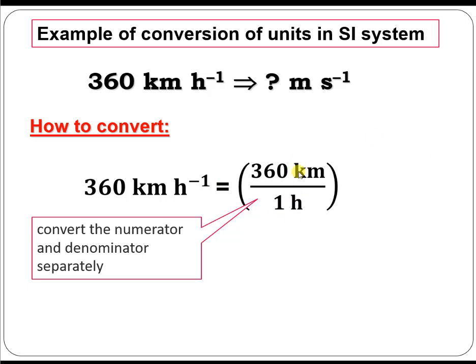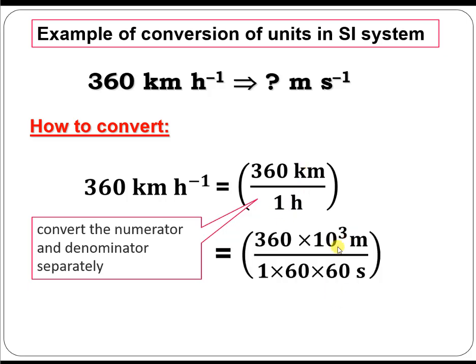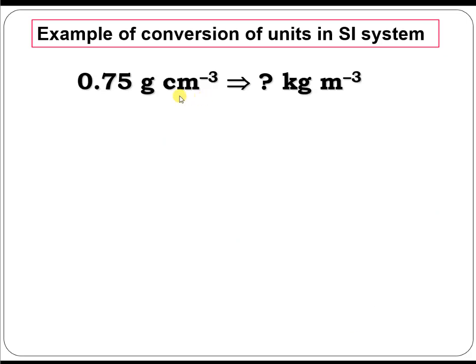We convert the kilometer to meter, whereby kilo is times 10 to the power of 3. And then we convert hour into second, whereby 1 hour is 60 minutes, 60 seconds. Then we combine the values, do the mathematical calculations, and we obtain 100 meter per second. Same goes for this one.